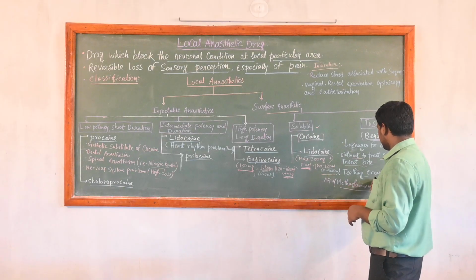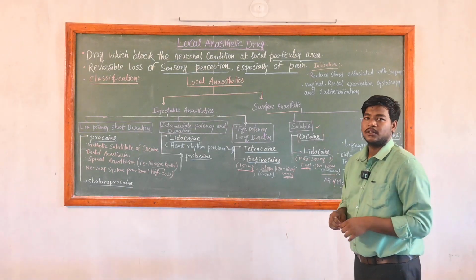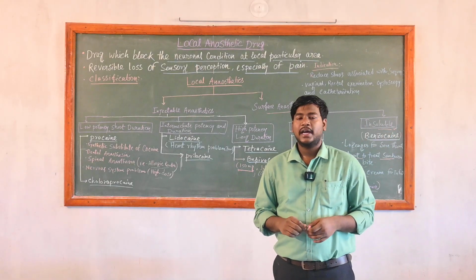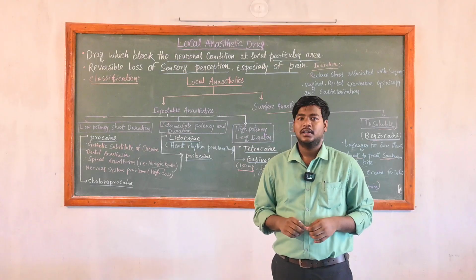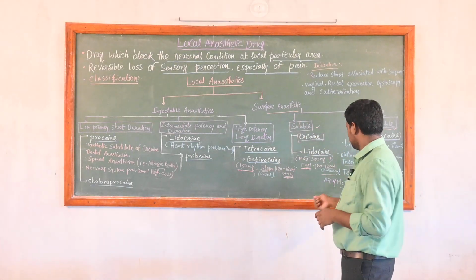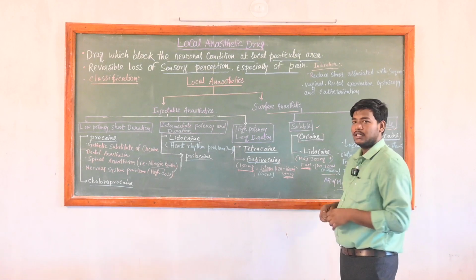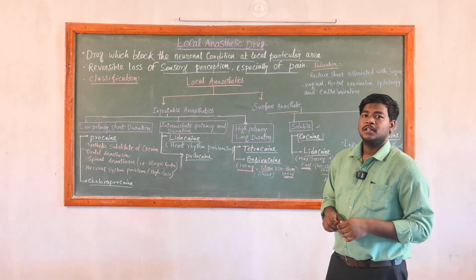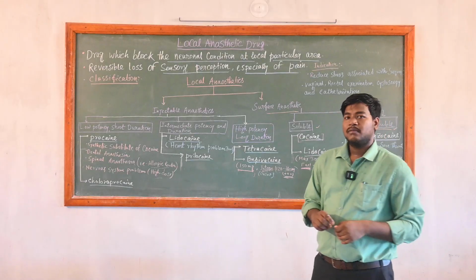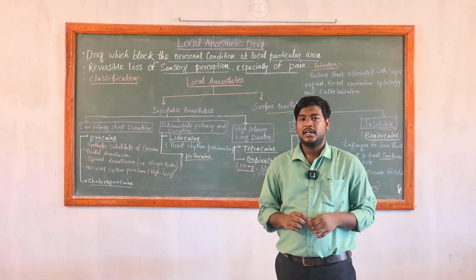So what is methemoglobinemia? Methemoglobinemia is a condition where the ability of our body to carry oxygen is impaired. That means our body cannot properly carry oxygen. This condition may arise, but it is very rare. If we use benzocaine in a very high amount, then this condition may arise.